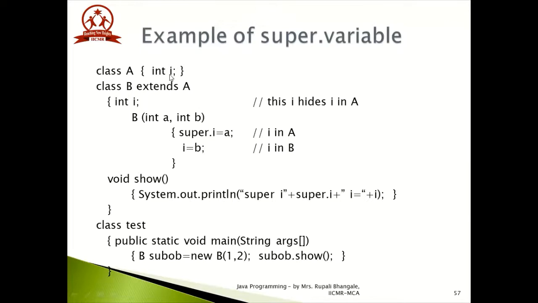Like here, i is the class A variable and class B is extending class A. Here class B also has i, so this i belongs to B, but there is also an i that belongs to A. So B will have two i's: i from class A and i from class B. In order to differentiate between these two, you can specify the super keyword to invoke the parent class i.